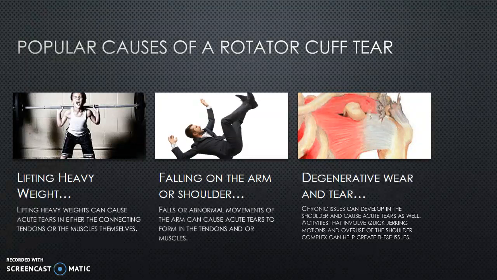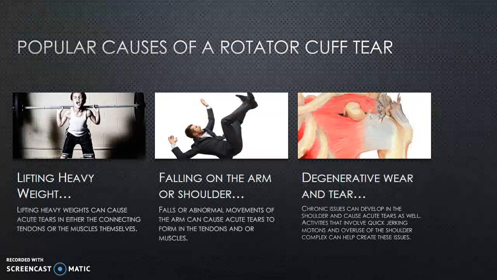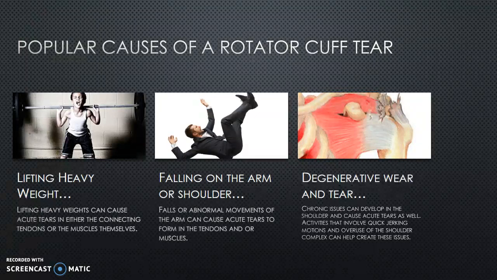And last but not least, we have degenerative wear and tear. This is going to be more along the lines of your athletes. More specifically, baseball players, football players, even some track and field athletes that have a lot of over-the-head movements with their arms will be in this category.